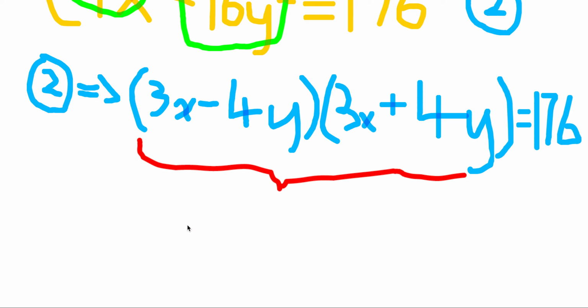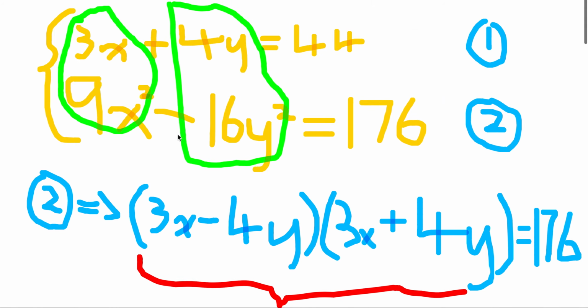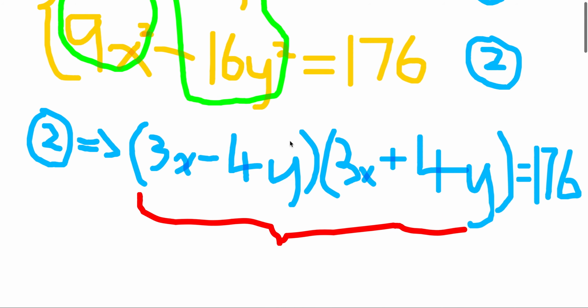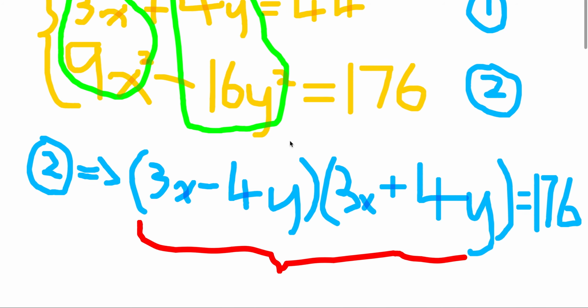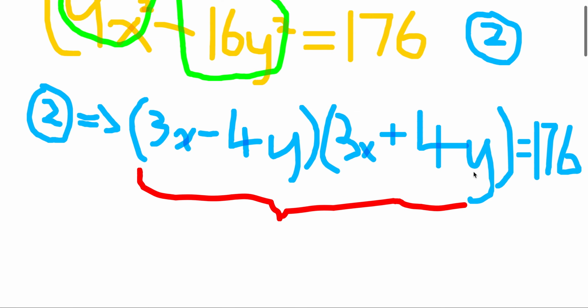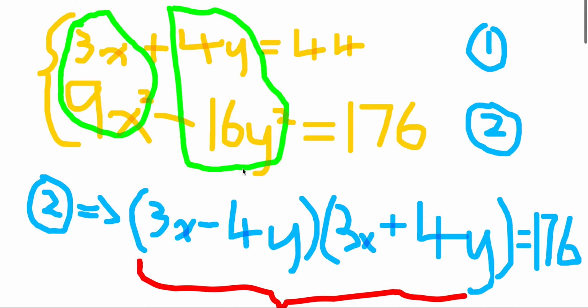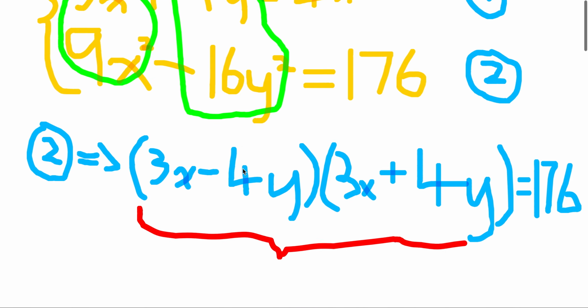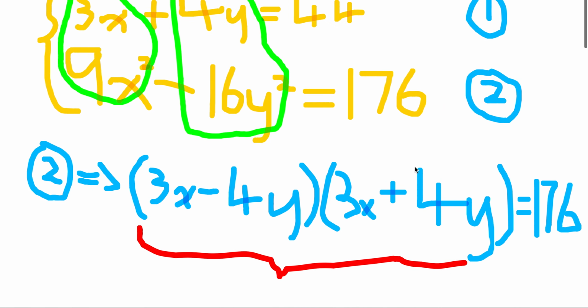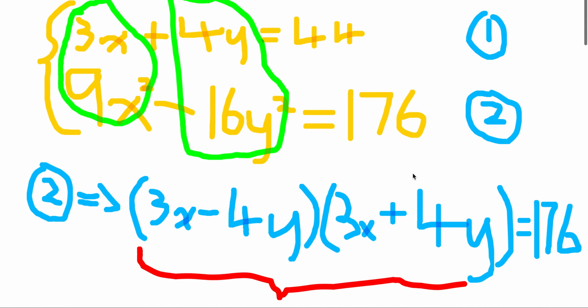That is also (3x minus 4y)(3x plus 4y), so this entire thing here is 9x squared minus 16y squared. There's a formula, and this is the formula. Also, if you multiply these out, it does give you 9x squared minus 16y squared. So now as you can see, we have included the first equation as well, 3x plus 4y.